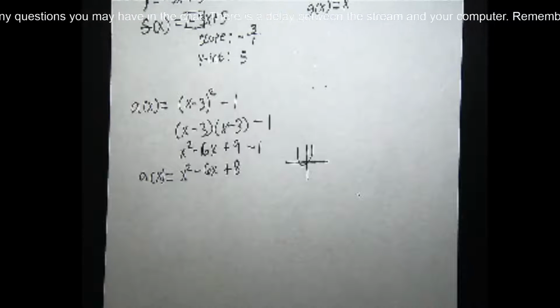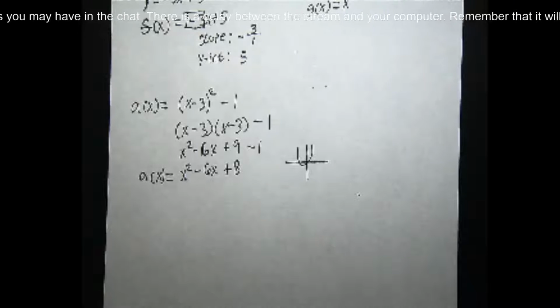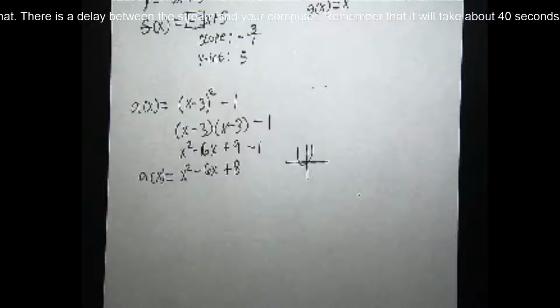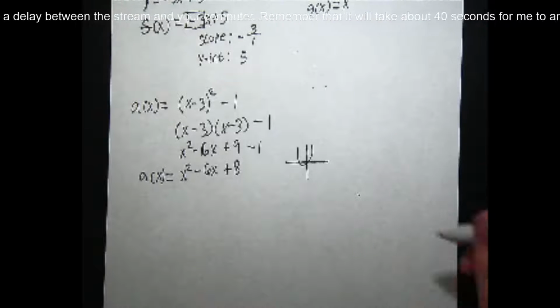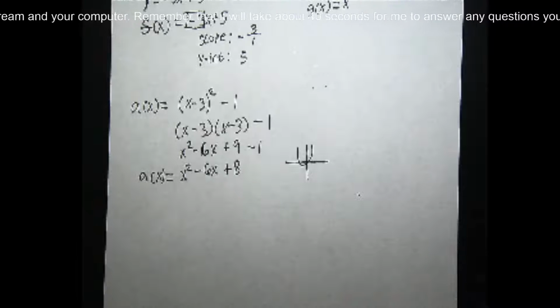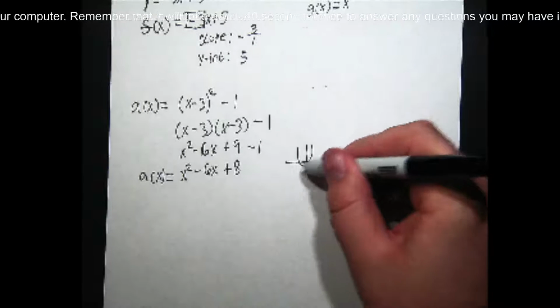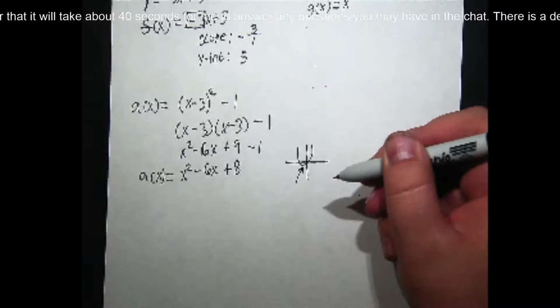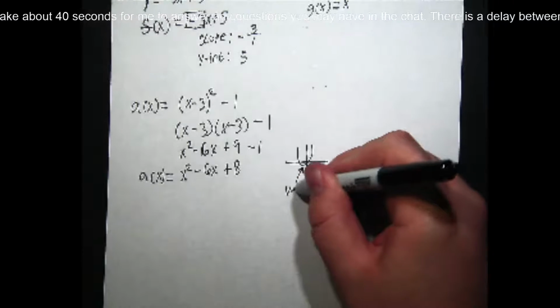Now, if we want to graph this, if we want to understand the overall action and function of this function, then we're going to need to know a few points. So if we look at this curve here, it'd be nice to know this point right here, which is called the vertex.